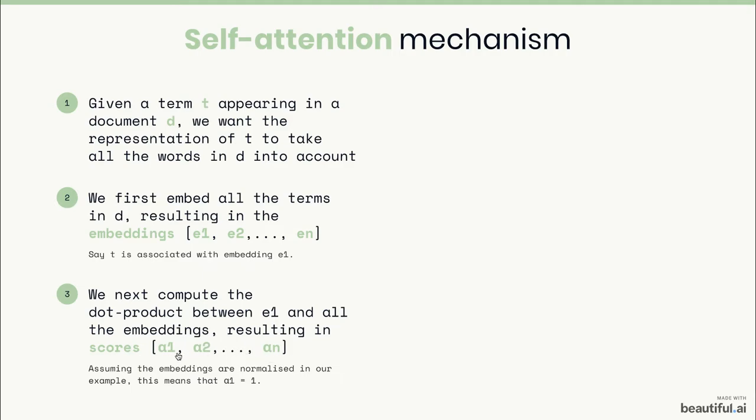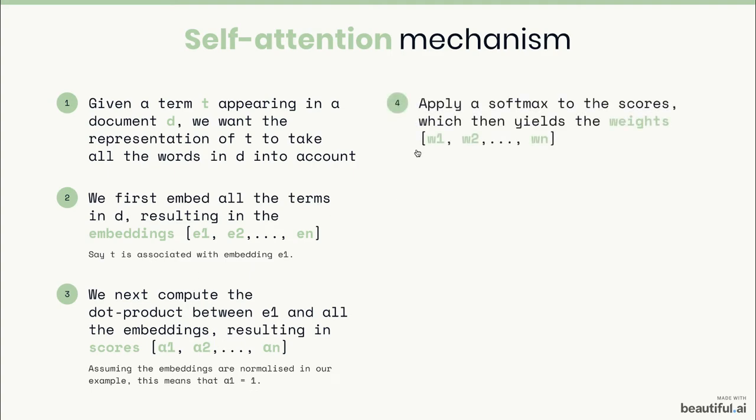So alpha 1 is the result of E1 dot producted with itself. Alpha 2 is the result of E1 dot product E2, and so on. If we assume that the embeddings from step 2 are all normalized, then this means, for instance, that in our example alpha 1 is just equal to 1.